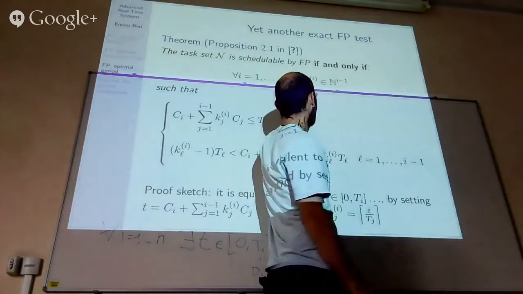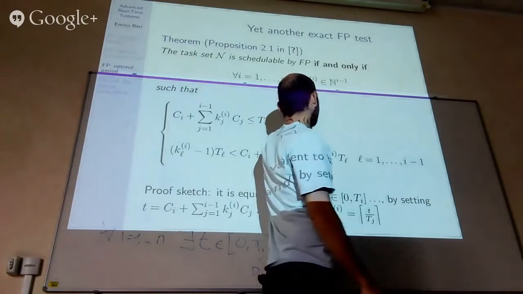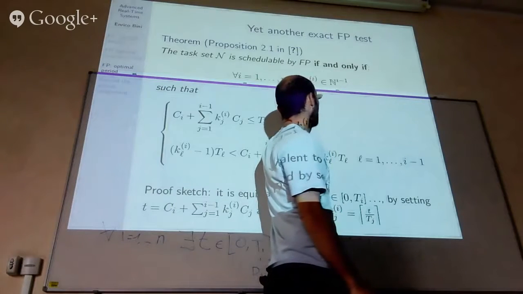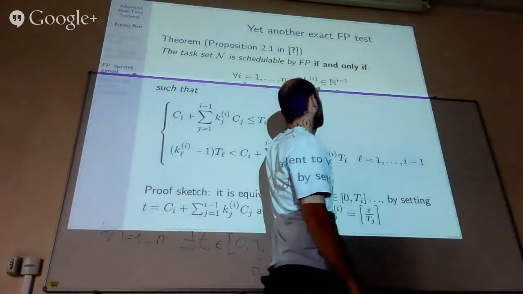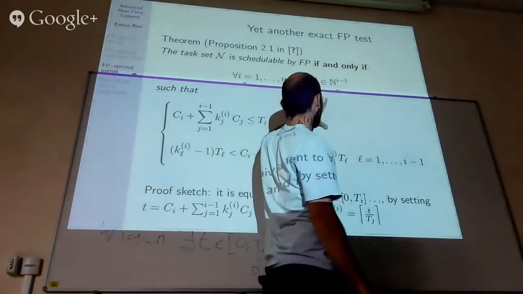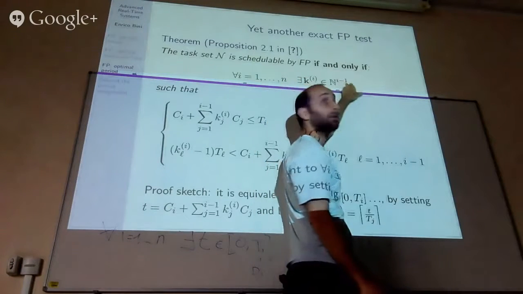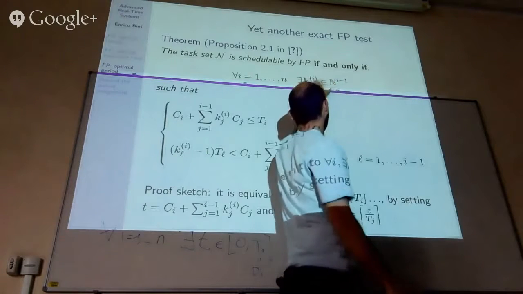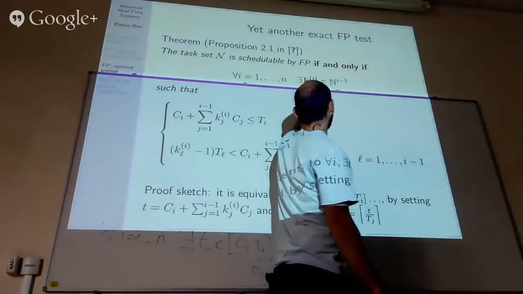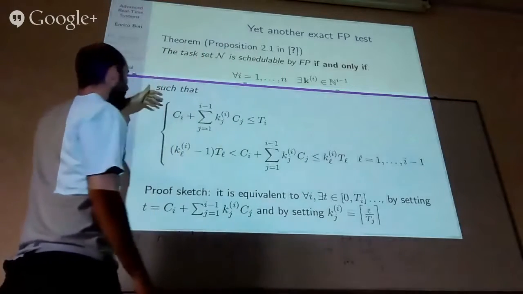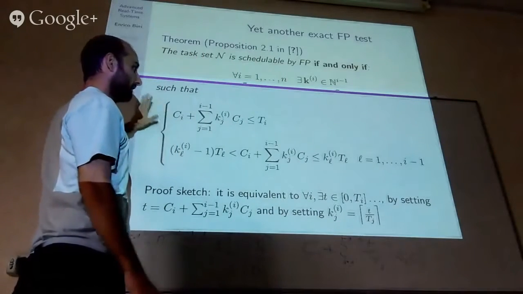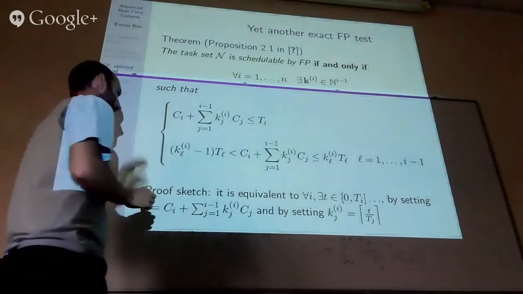I'm requiring that there exists a tuple of integer vectors k, denoted by k_i, where k_i is a vector of length i minus 1 related to the schedulability of task i, such that something holds.